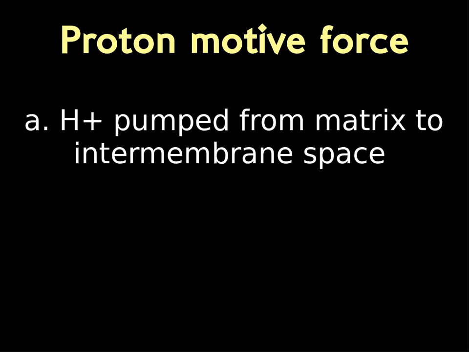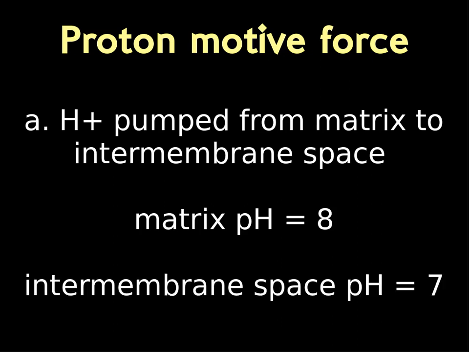We have a concentration gradient of protons that we can use to do work. So the matrix pH is about 8. It's high because we do not have many protons in the matrix. On the other hand, the intermembrane space has a pH of about 7. So there's a 10-fold concentration gradient between the intermembrane space and the matrix.